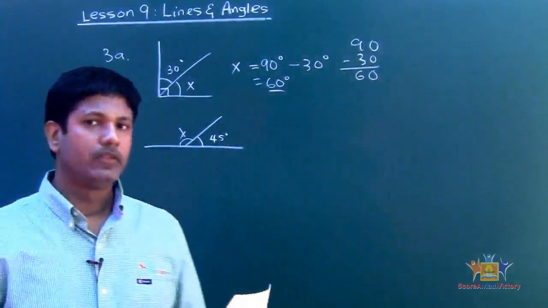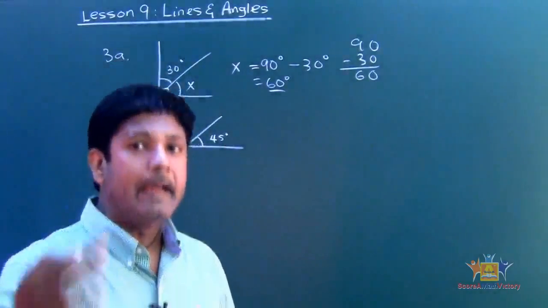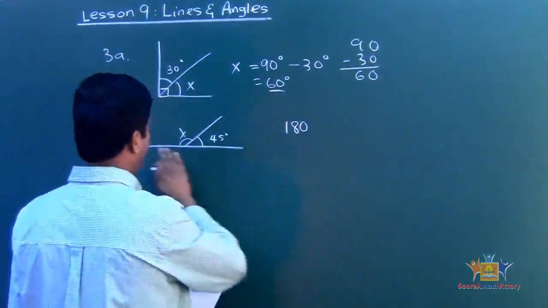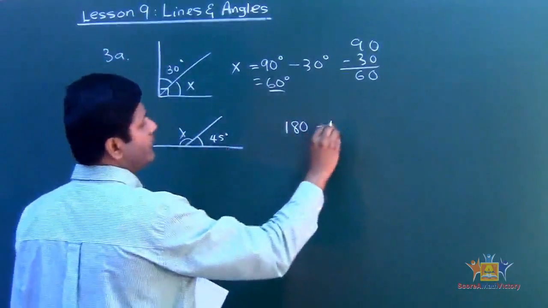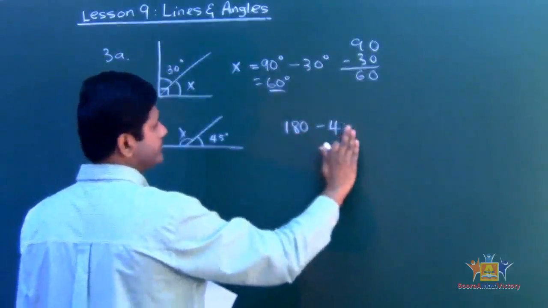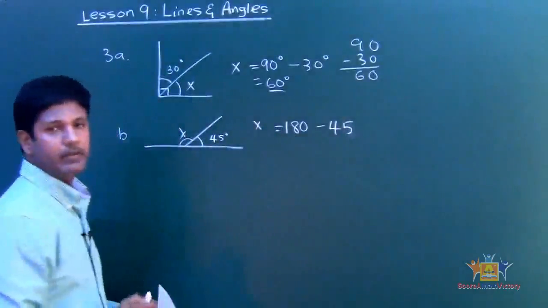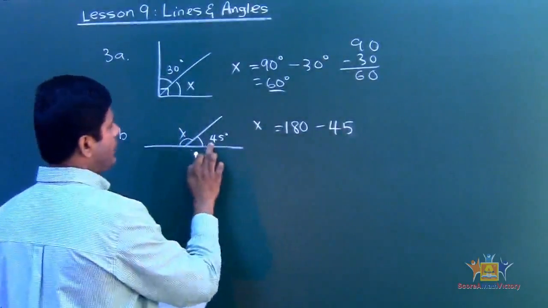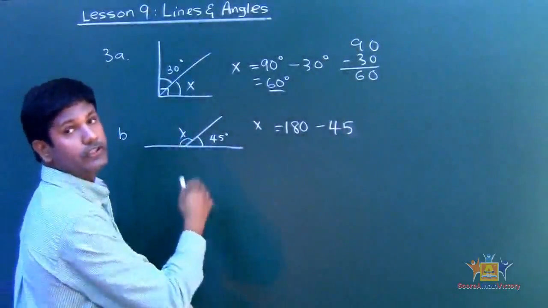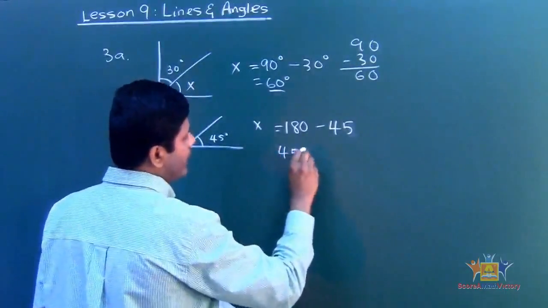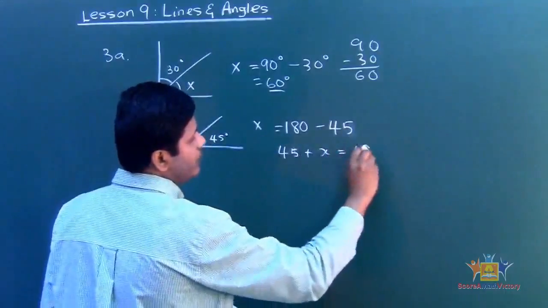So what do we have to do? We take 180 minus 45, okay? So 180 minus that 45 should give me x, alright? Because you know that 45 plus x, which you don't know, should give you 180.